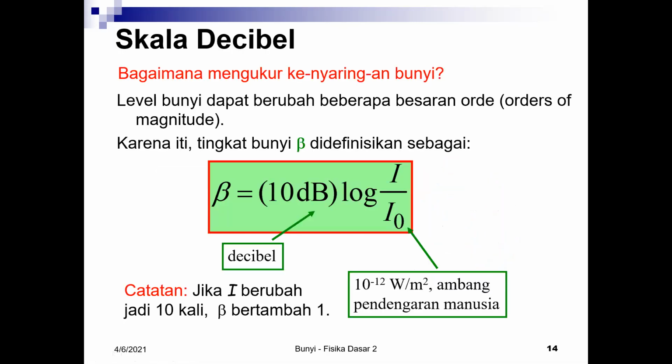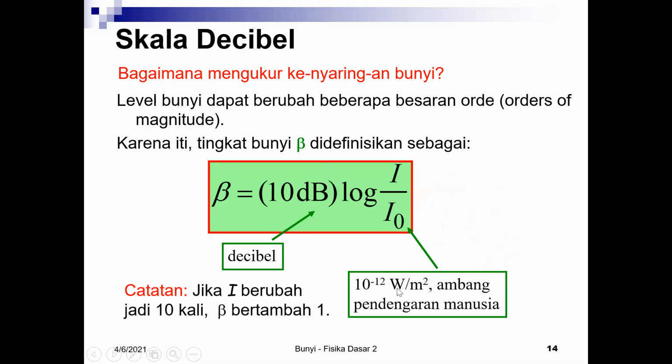We also have the decibel scale, which measures the power of the sounds, in the sense of how high the volume of the sound is. This is the decibel: 10 decibel log I over I0.